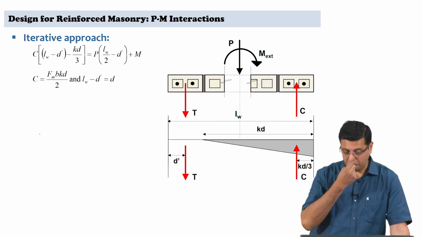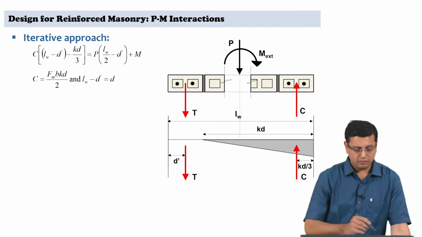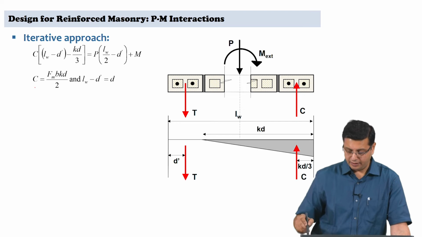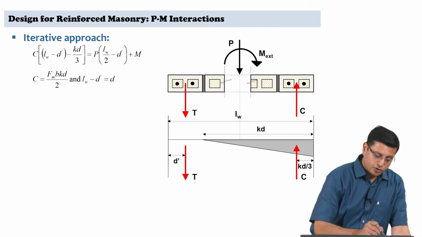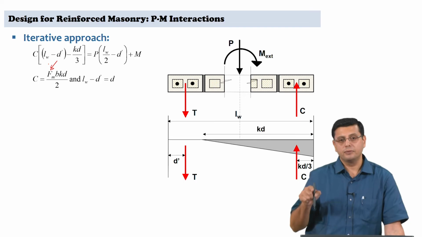So, with that written, you can write down the compression resultant from the triangular distribution of stresses as Fm, because since we are assuming that compression controls, we are at the permissible compressive stress.